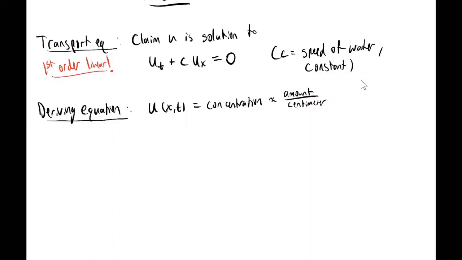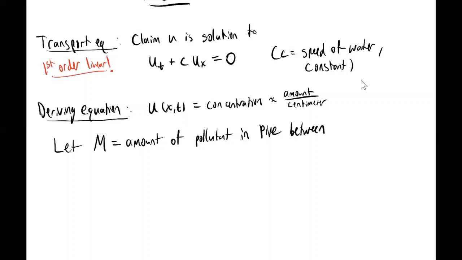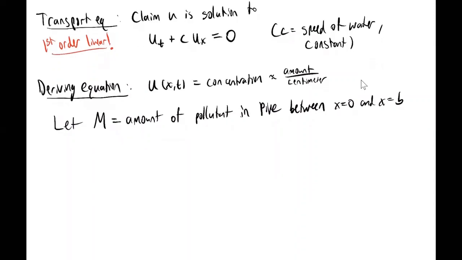And so what I'm going to do is let m denote the amount of pollutant, say in the pipe, between x equals 0 and x equals b, right? Remember, we talked about fixing our domain from x equal to 0 to x equal to b.